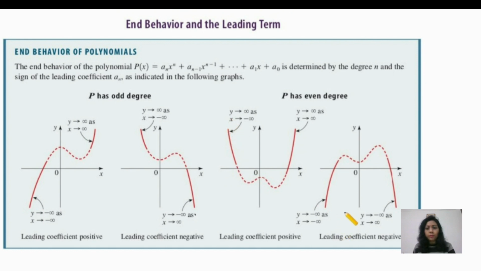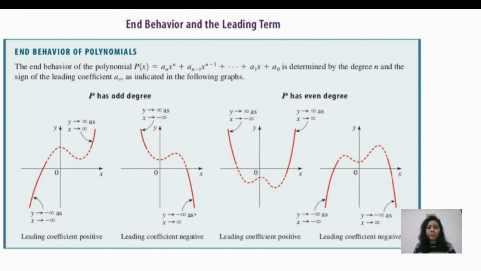And when P has even degree but the leading coefficient is negative, that time it opens downward, and here x tends to infinity, y tends to minus infinity, x tends to minus infinity, y tends to minus infinity.